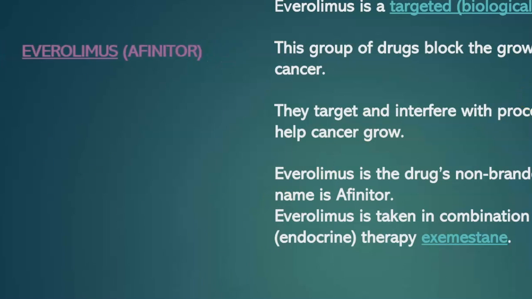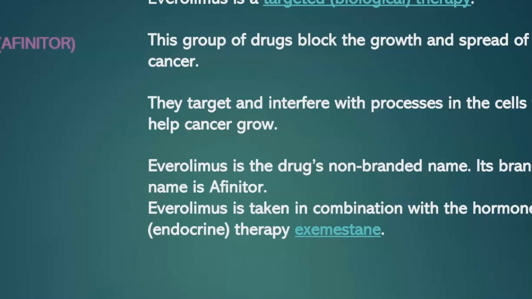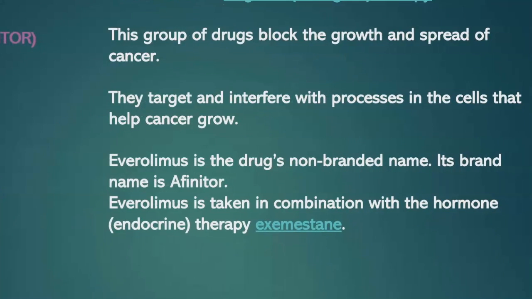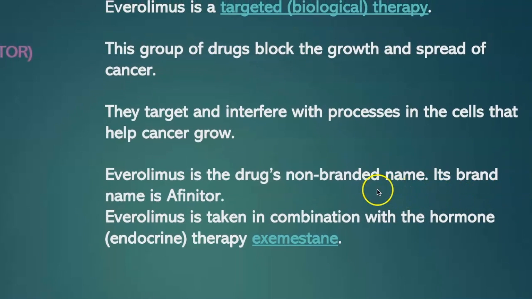Afinitor, again, is another example of a targeted biological therapy. They block, again, the spread and growth of cancer. It is used in combination with a hormone therapy, exemestane.